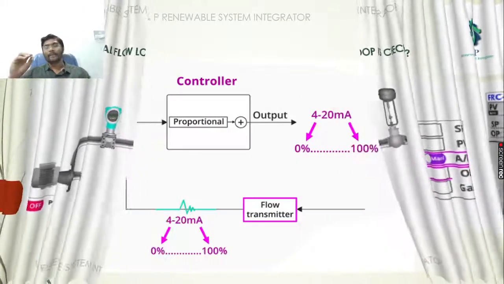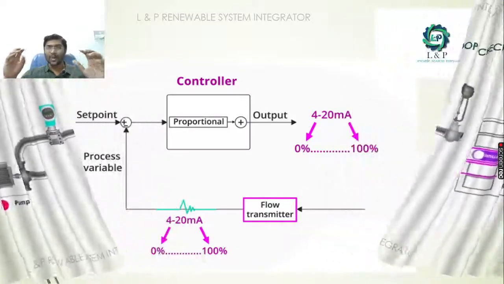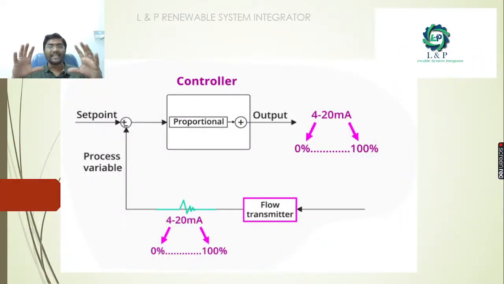See here. Basically, this proportional integral derivative will be inside the controller. Its duty is to observe the output. Your output may be 4 to 20 milliamps, or we might have converted it to 0 to 100%, or if it is in memory, 0 to 32765, based on the memory level we used to create it. And we have the flow transmitter, from which you will calculate the flow, that this is the flow which is happening.